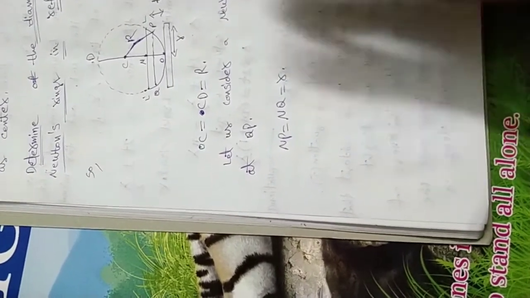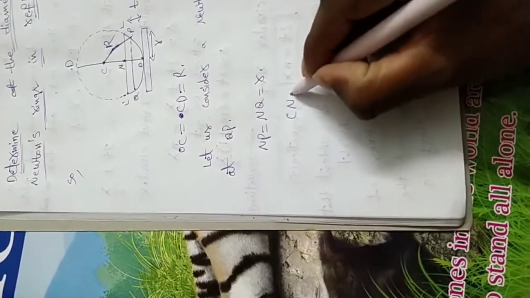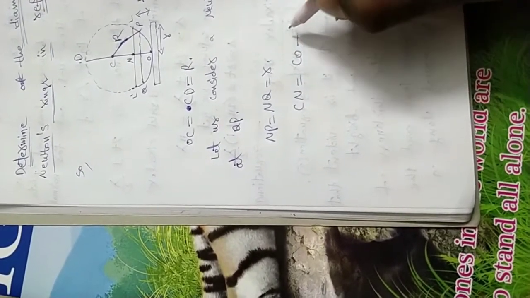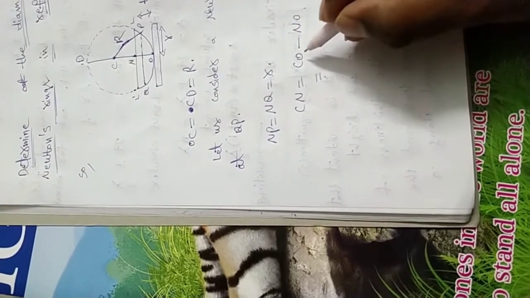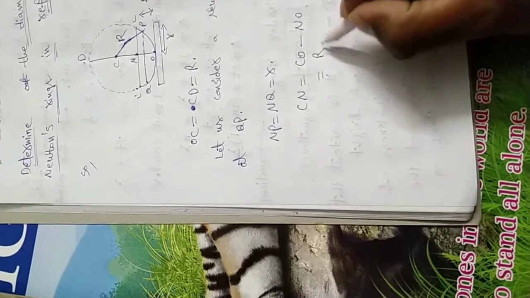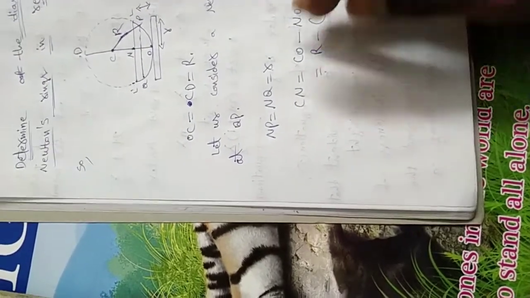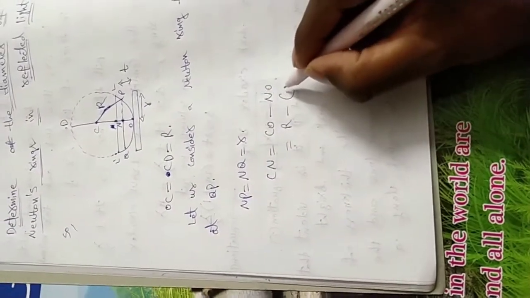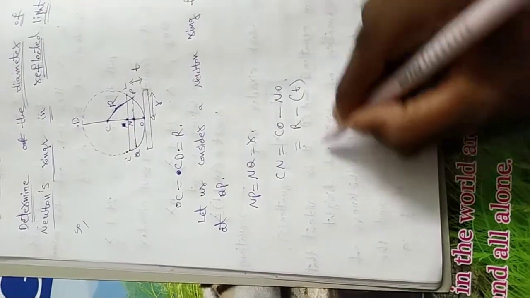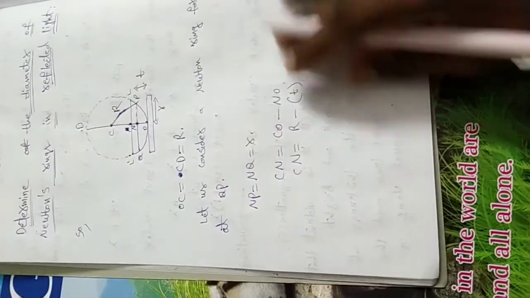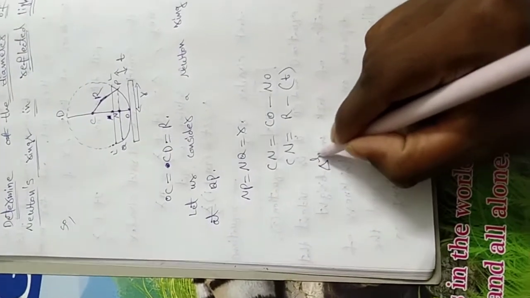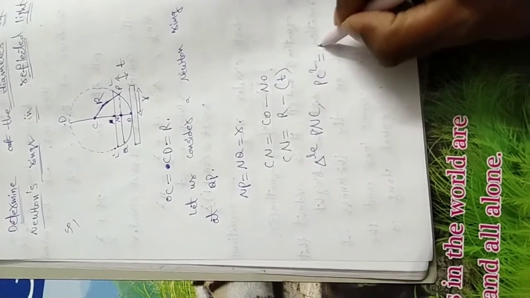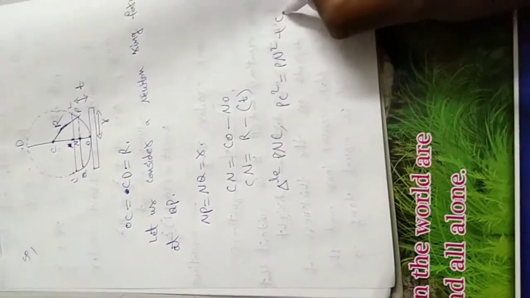and CN is equal to CO minus NO. CO is nothing but the radius capital R, and NO is equal to t. From the triangle PNC, according to the Pythagoras theorem, PC square is equal to PN square plus CN square.